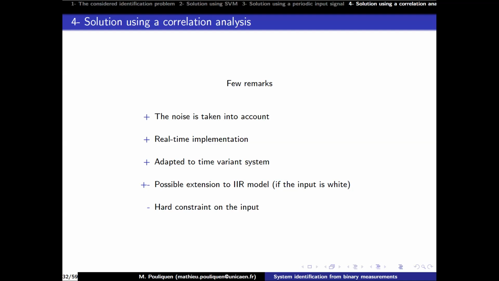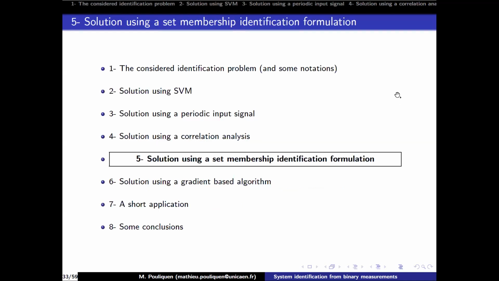The noise is taken into account. Interesting also. But the main drawback in my mind is the fact that the input must be Gaussian. And sometimes it is not possible. I continue my catalog with another solution.